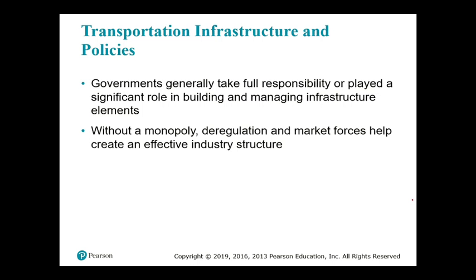For example, in the rail industry, in the beginning, the government had a subsidy for the rail industry, which really made a lot of rail companies prosper. And that led to monopoly behavior and collusion behavior and drove up the rail shipment prices.